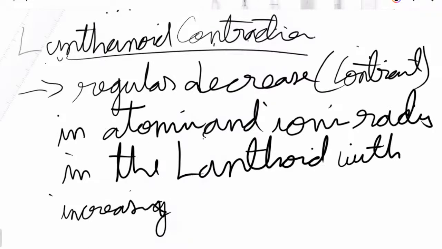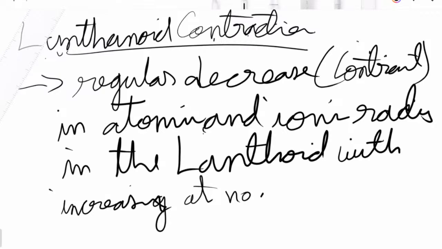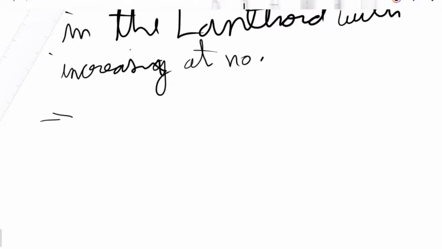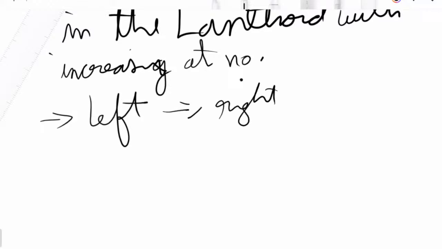Okay, so this is the major thing about lanthanoid contraction. When we decode it further, we will understand that from left to right in the periodic table this takes place, that is in the lanthanoid series, of course.